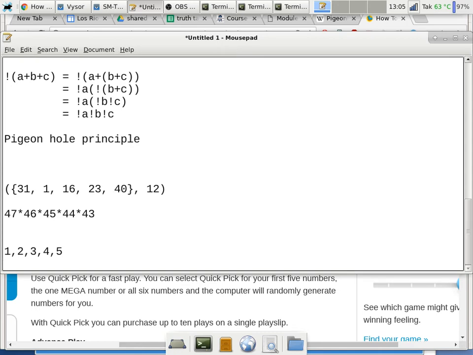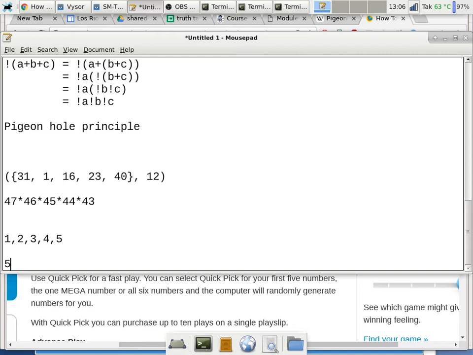I have 5 choices for the first one, 4 choices for the second one, 3 choices for the third one, 2 choices for the second last one, and then I only have 1 choice for the last one. That turns out to be 120, if I remember correctly.